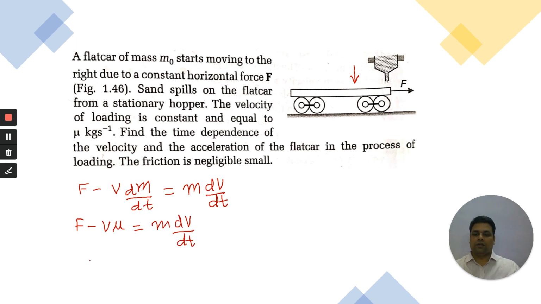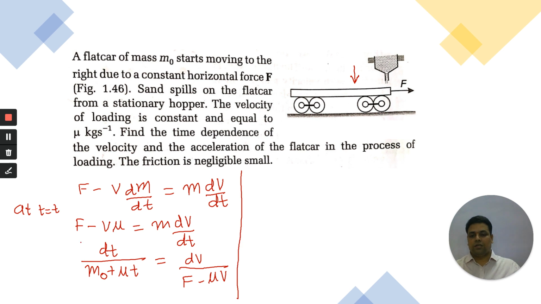We would get dt by m, where m would be m naught plus mu t, because we are putting at some t equal to t, all this in the equation. By then some mass is loaded into it. We rearranged dt by m, and we would get on the right side dv by F minus mu v.